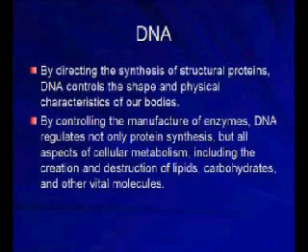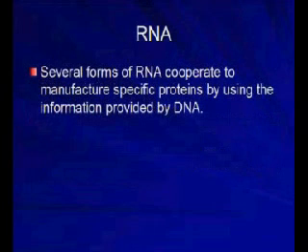By controlling the manufacture of enzymes, DNA regulates not only protein synthesis, but all aspects of cellular metabolism, including the creation and destruction of lipids, carbohydrates, and other vital molecules. Several forms of RNA cooperate in the manufacture of specific proteins by using information provided in DNA.